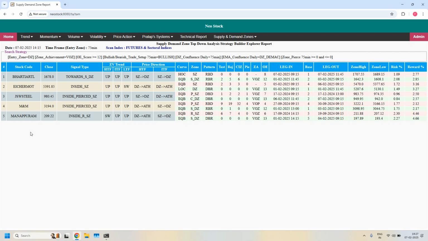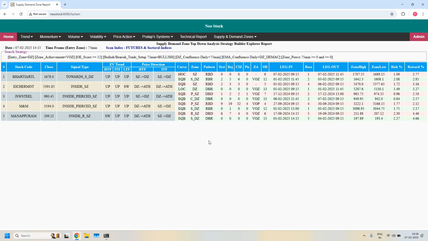Now we got 5 stocks. All these 5 stocks are even higher probability trade setup supported 75 minutes demand zones, because they are overlapped with the daily zone, which has daily EMA confluence.